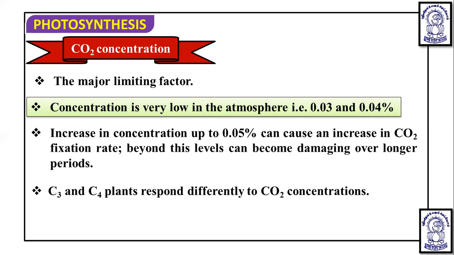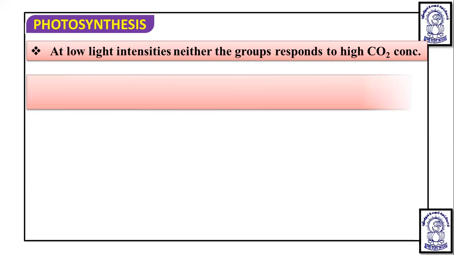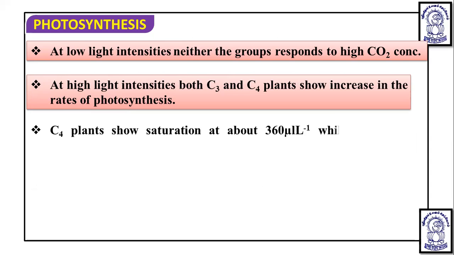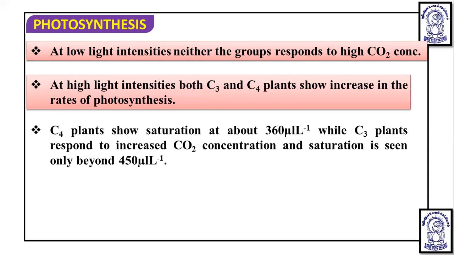So C3 and C4 plants respond differently to CO2 concentration, and it is known that at low light intensity, neither group responds to high CO2 concentration. At high light intensity, both C3 and C4 plants show an increase in the rate of photosynthesis. And it is known that C4 plants show saturation at about 360 microliter per liter or 360 parts per million.